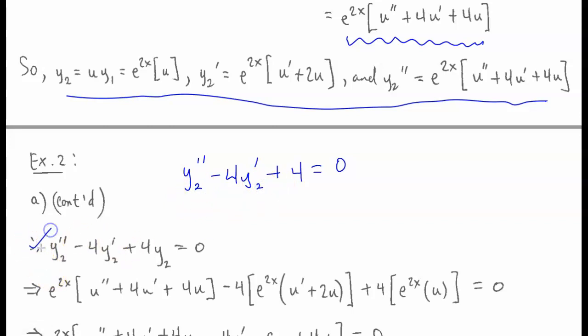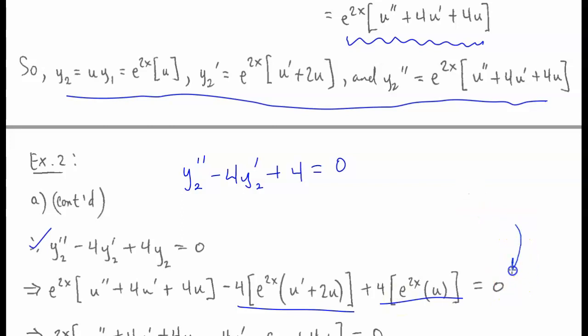So that's why you see me doing that there, okay? So all I do now is y sub 2 double prime. I know that it's this, so I write it in place of y sub 2 double prime there. Do the same thing for minus 4 times y sub 2 prime, which is what you see here, and then 4 times y sub 2 you see here, okay?